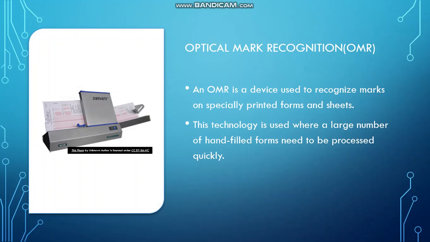This technology is used where a large number of hand-filled forms need to be processed quickly. To check the answers of the students, we use this machine, which is called optical mark recognition, and the sheet where students mark the answer is called an OMR sheet.